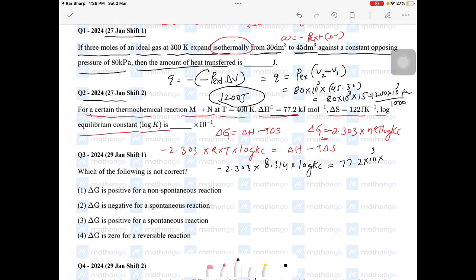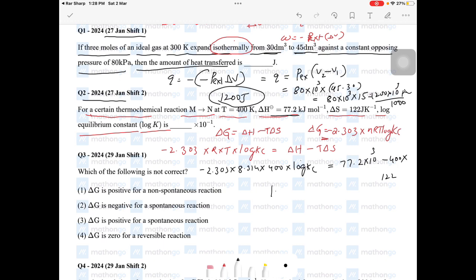Here temperature is also required, we didn't mention it. Minus 2.303 into 8.314 into temperature 400 into log Kc, equal to delta H 77.2 into 10 to the power of 3 minus temperature 400 into delta S 122.